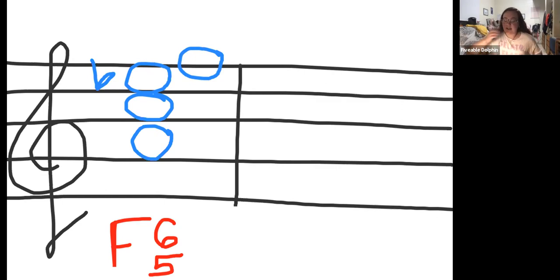So I'm going to give you guys a second to write out what you think that would look like, including how it would be notated. Because I think you can do it. So it's A flat, the note we're starting with. And it's an A flat major seventh chord in third inversion.